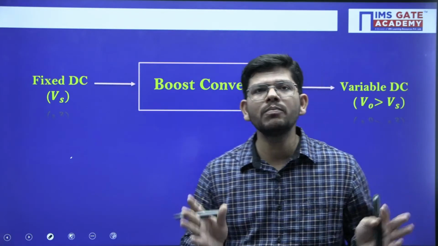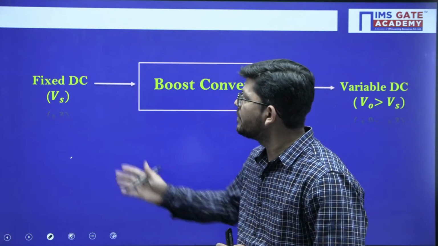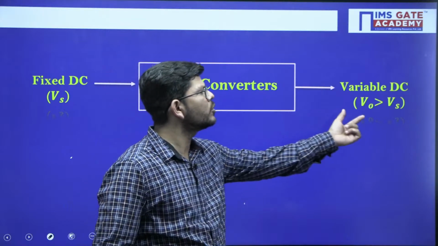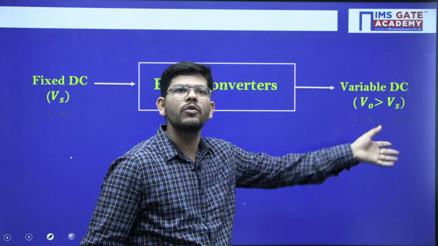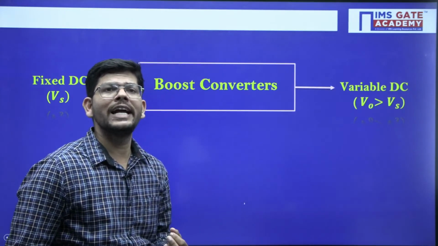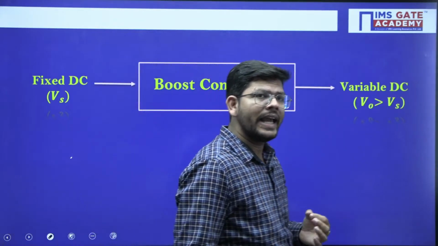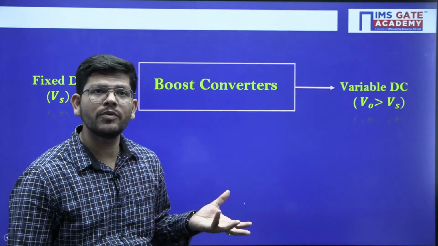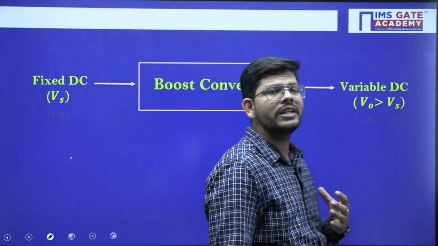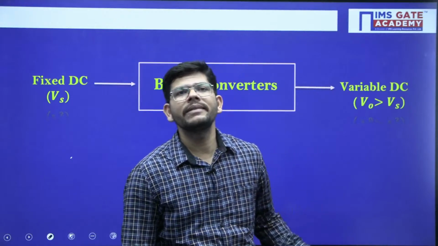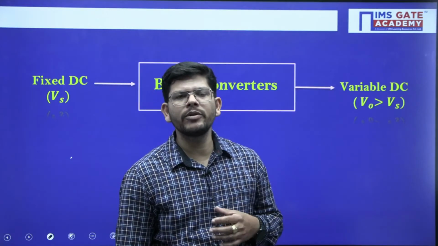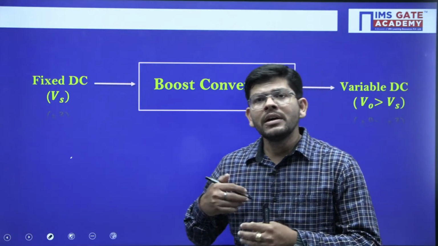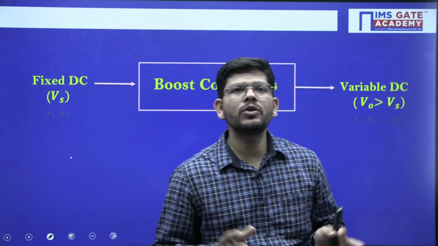The purpose of the boost converter is to have a fixed DC voltage at the input, and at the output we get a voltage greater than the input voltage. So it acts like a DC equivalent of an AC transformer. The way a transformer works with AC, it does the same with DC, and we can't use an AC transformer for DC, so we have this circuit that is able to increase the level of the input voltage.